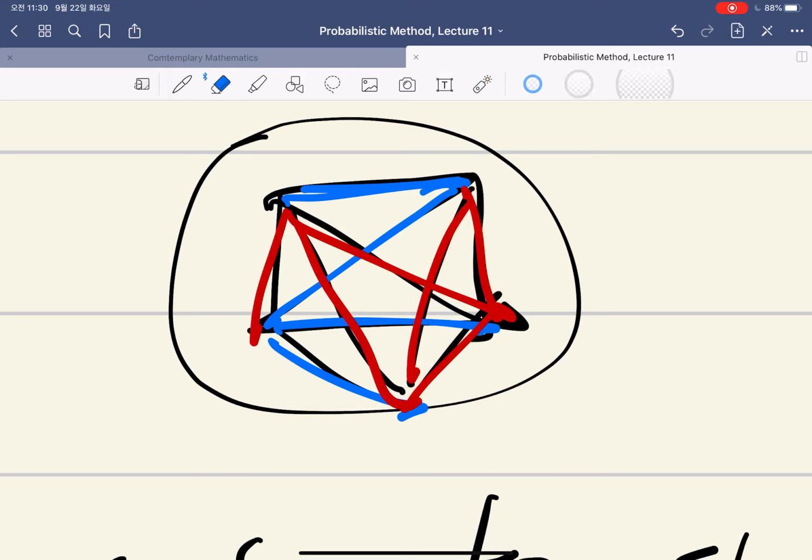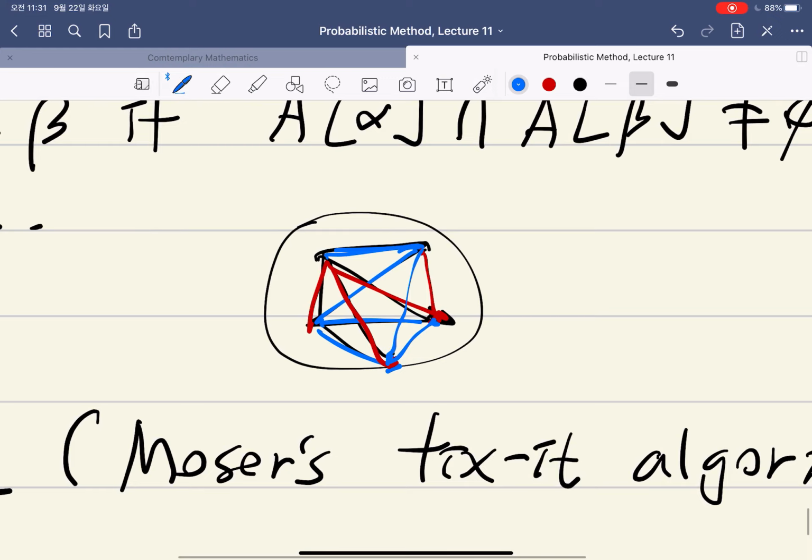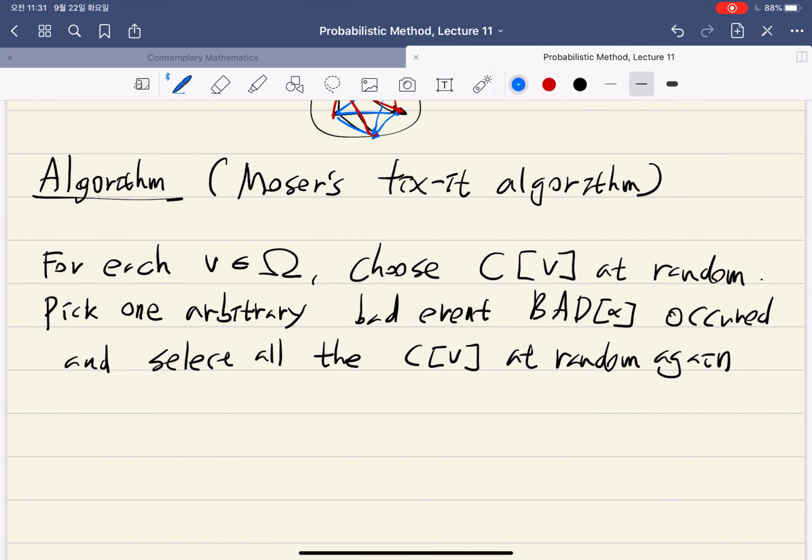So what you do is you delete the coloring of them, and then you redetermine the colors of each edge, for all these three edges.